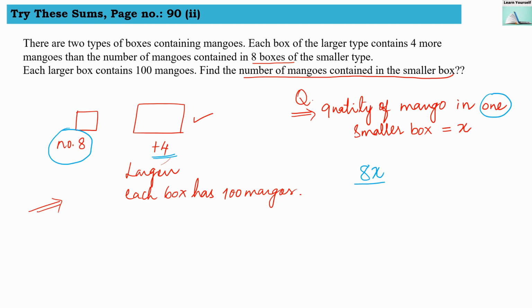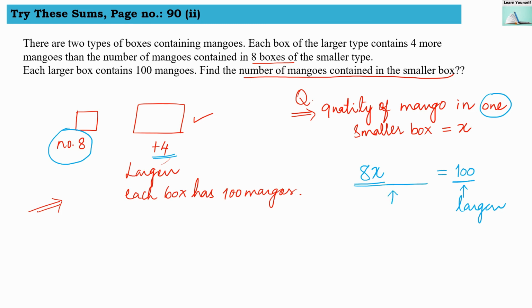So we have a total quantity of 100 mangoes, but that is in the larger box. So if this quantity represents the larger box, and this solution is for the larger box, that in each larger box 100 mangoes are there, then we have to make this equation for the larger box.